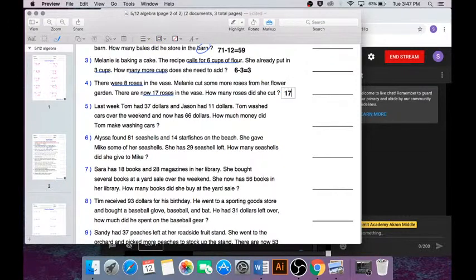So if we have 17 now, and we take away the 8 that we already had in there, 17 minus 8 is 11. No, it's 9. I'm sorry. It is 9.